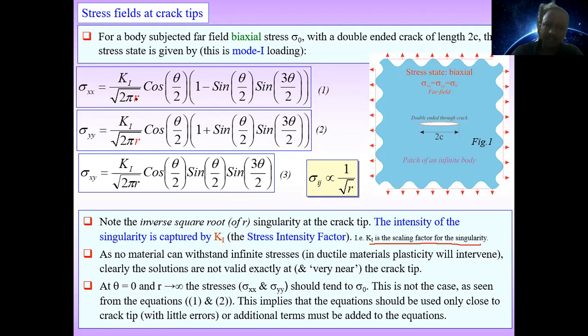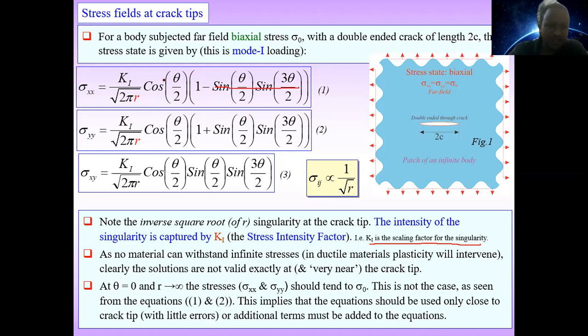When r approaches infinity and theta is 0, theta 0 means cos 0 is 1, 1 minus sine 0, sine 0 is 0. This part will get 0.